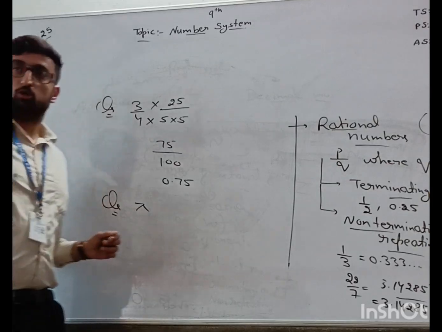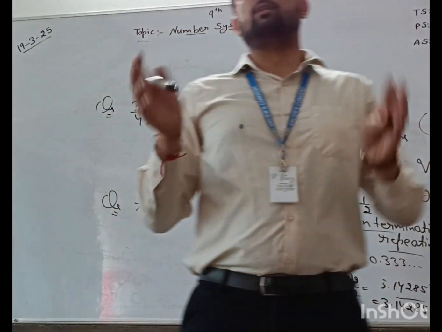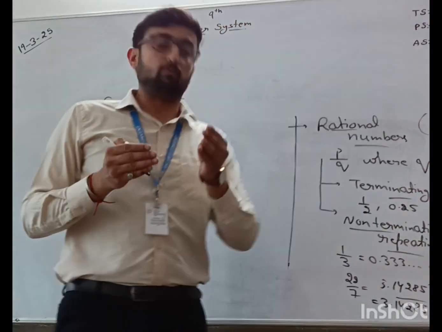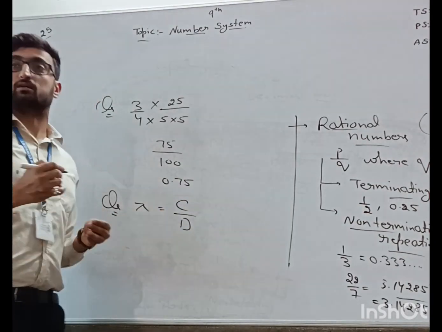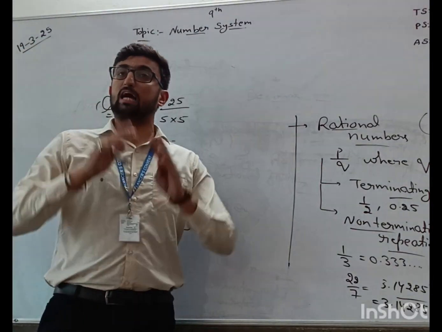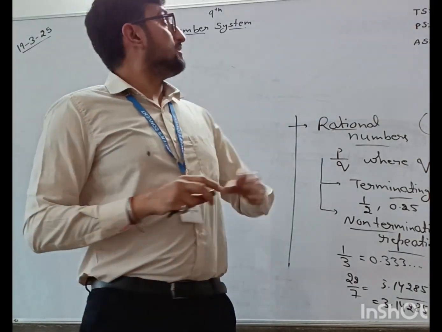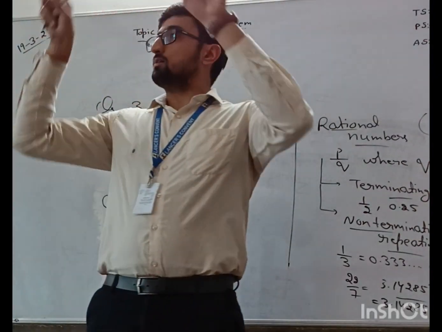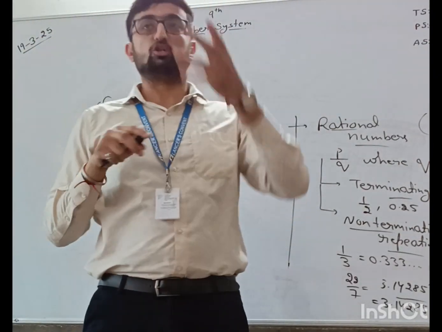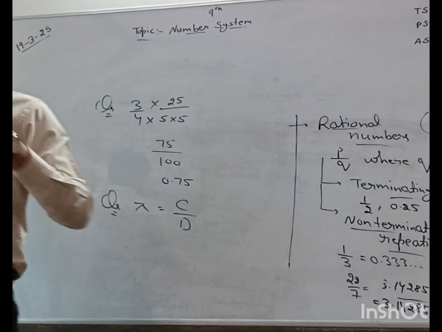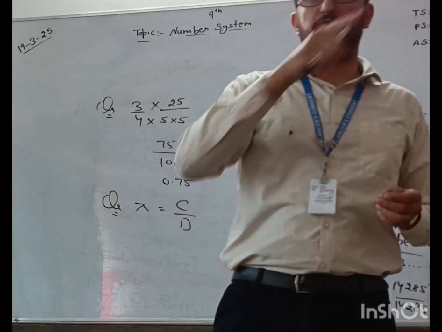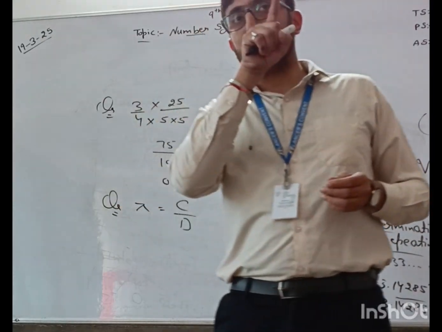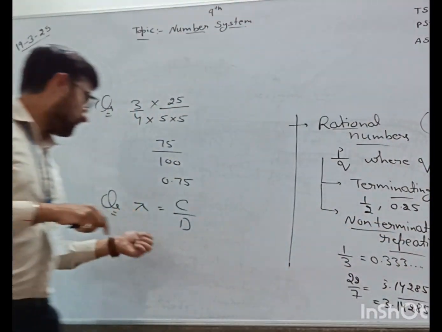What is pi? Pi is nothing but the relation between the circumference and the diameter of a circle. Suppose we have a circular watch or a circular clock in our house. If I find the circumference of that clock and divide it by the diameter, we get the value of pi.